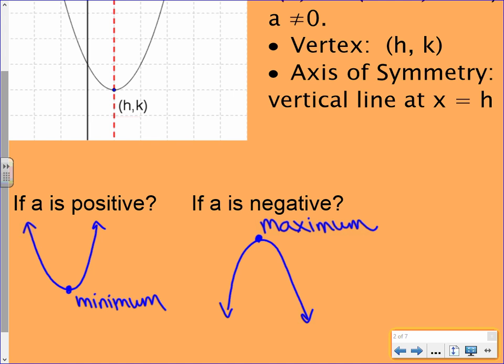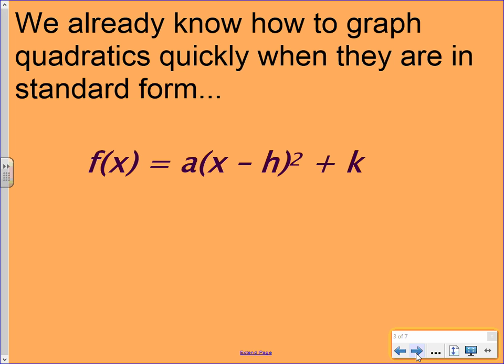Okay? There is a word problem in your homework that is bolded and underlined that I expect everybody to attempt tonight. Okay? Now, luckily, when we are in this form, it is super easy to graph, isn't it? Because we did all of that work with transformations.